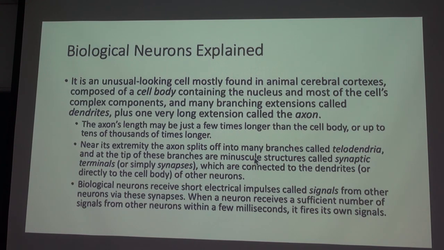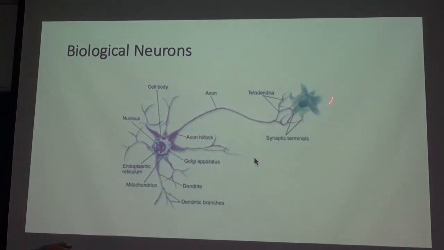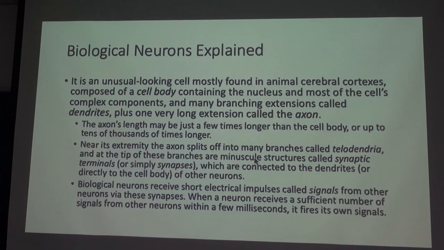So if the total input from some other neurons is greater than a threshold, it will fire its own output and send it to the other neurons it connects to.